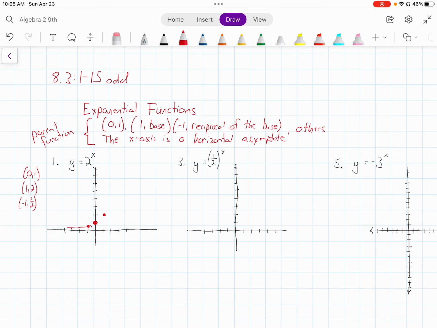We could do some other points. If we put a 2 in here, 2 squared is 4, which would be about there. Put a 3 in there, 2 cubed is 8. And so this would be our exponential function.